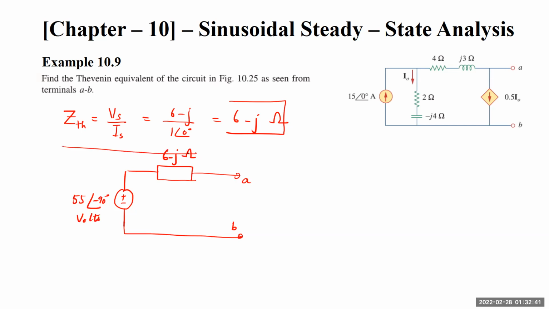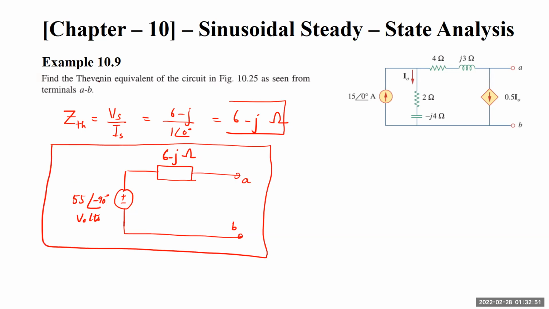Let me redraw this line. So this is what they call the Thevenin equivalent. Whenever you are asked, that is the answer, the way you represent it: the Thevenin equivalent circuit for such a circuit will look something like this.